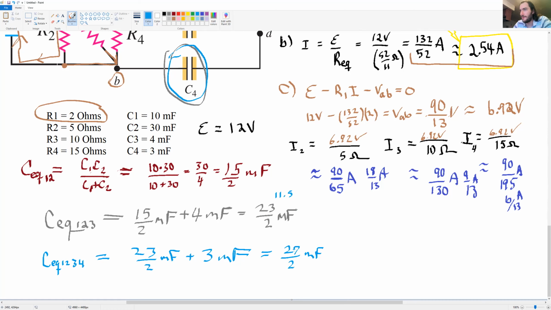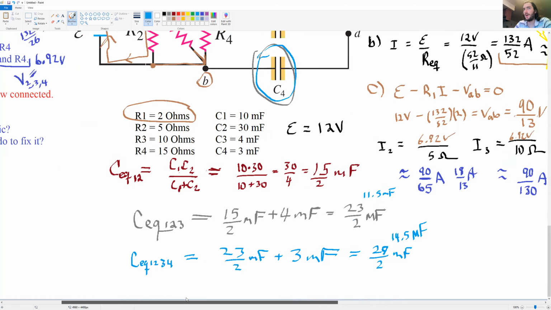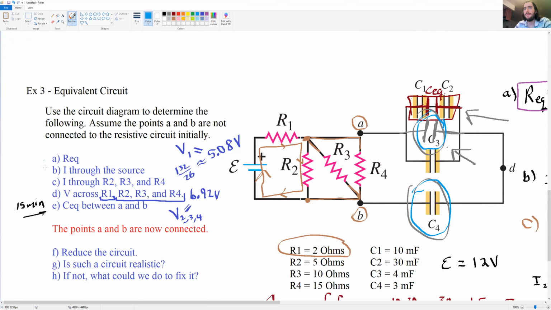So it's not 27 over 2, it's 29 over 2. 23 plus 6, right? 29 over 2. So this is like 14.5. Okay, so that completes parts A, B, C, D, and E.